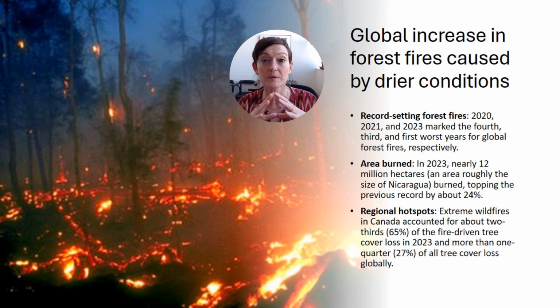Canada has been just like one big forest fire, one big stretch of smoke in recent years. And this has seen a quarter of all tree cover loss globally in 2023. It's been extreme.